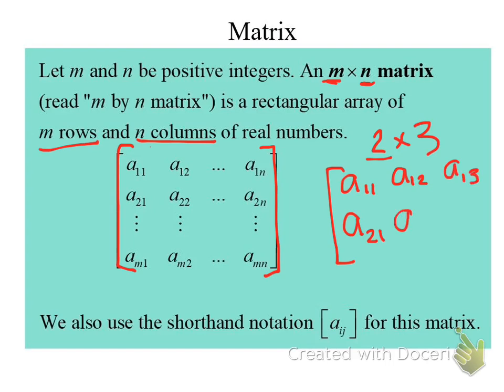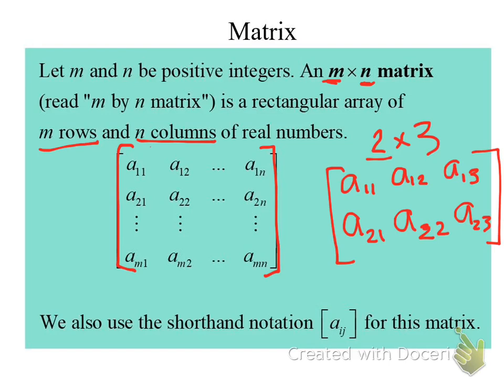I would also have a 2, 2, and a 2, 3 in this 2 by 3 matrix. And so the i, j tells me what the different pieces are. If I tell you that a 1, 1 is the number 2, you'd have a 2 in that location. This helps us go through and identify the individual pieces as we use it.